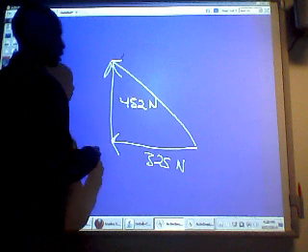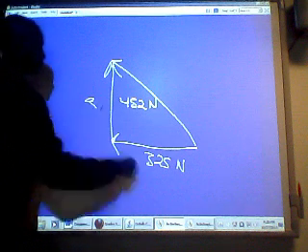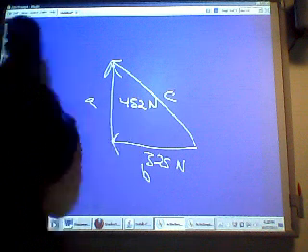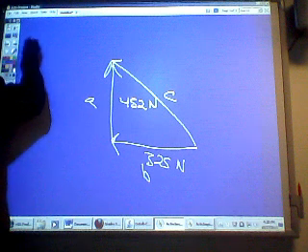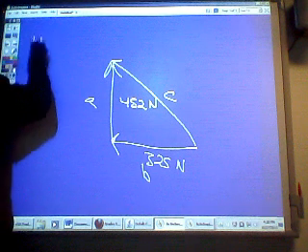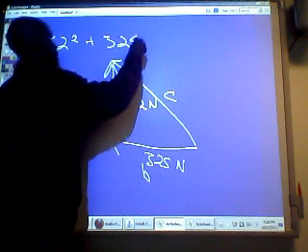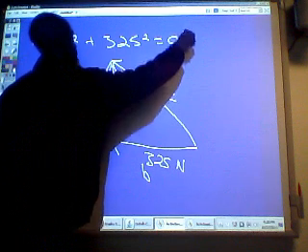The net force on the sailboat, resolving this vector, I have my A side, my B side, C side. What trig function or what formula can I use? It's the Pythagorean theorem. 452 squared plus 325 squared equals C squared.